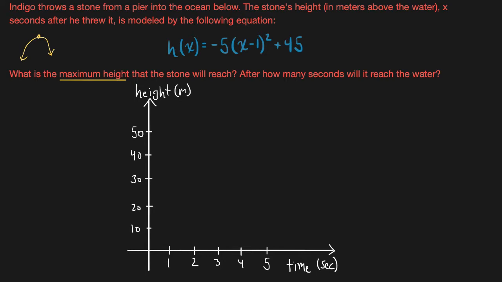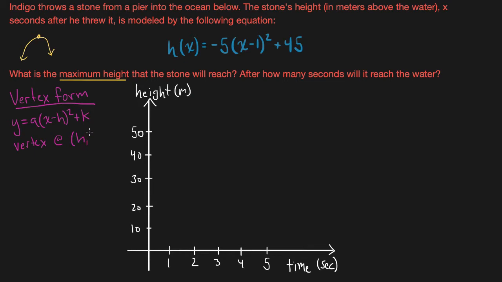And so vertex form, I'll write it down here, looks like this. We have y is equal to a times (x - h) quantity squared, plus k. And our vertex is at h comma k.